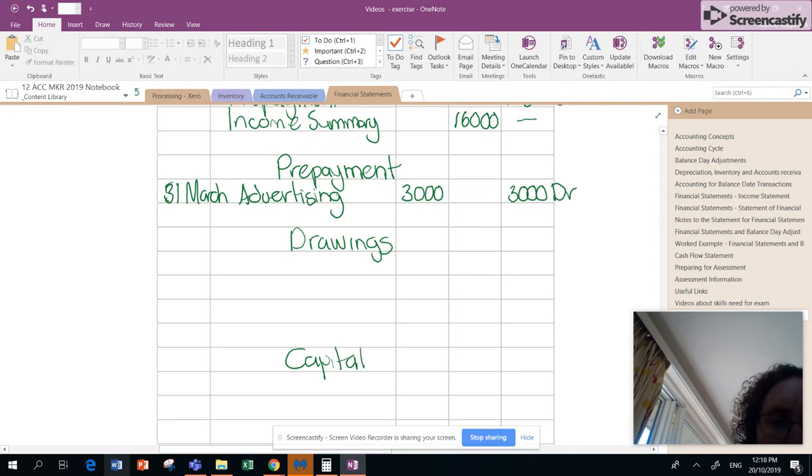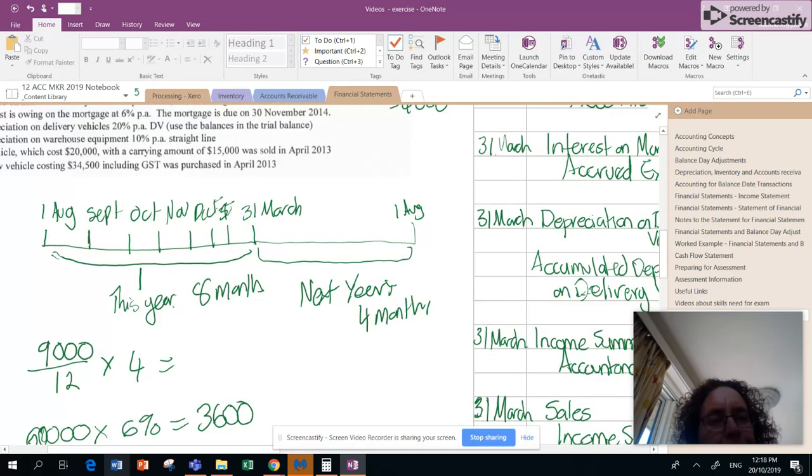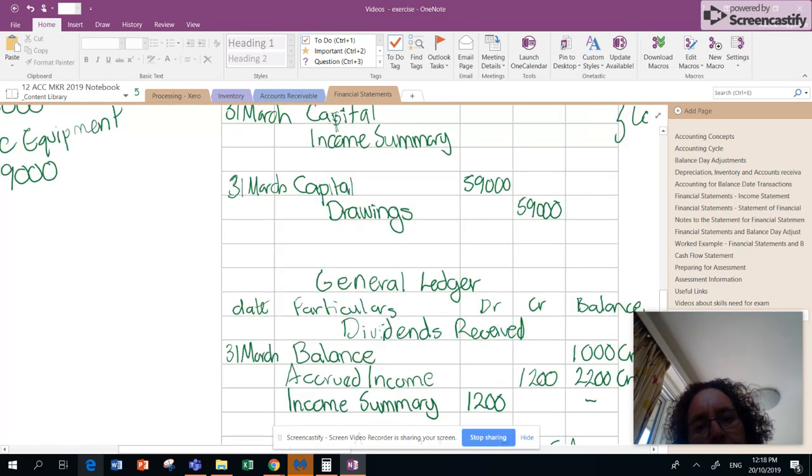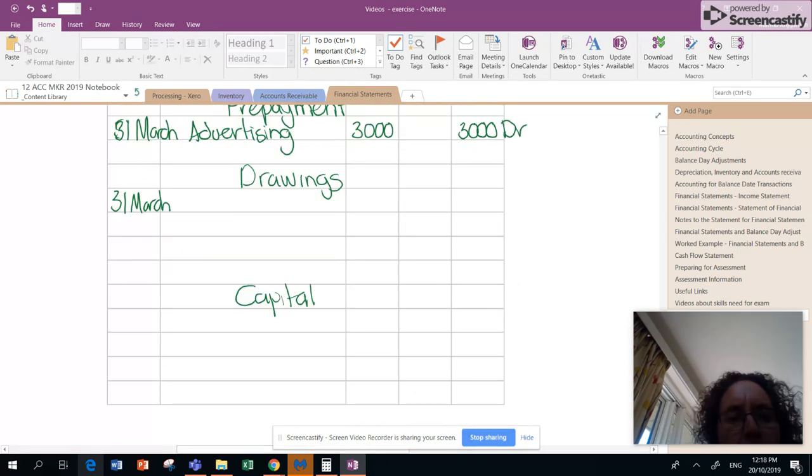Okay, so for our drawings, we're going to go and check, did we have an original balance? The trial balance, yes, 59,000. So we're starting with balance, got ahead of myself there.